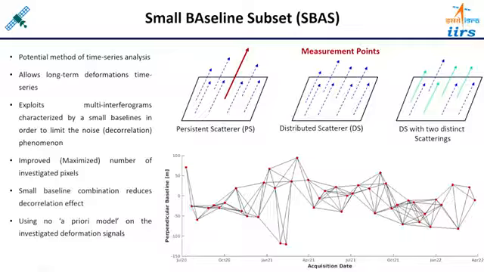So it is not like a reference image was considered here and from here to here a pair was connected, and from here to here another pair, just like in the PSI technique. There you are getting the large baselines, but here all baselines are small in nature.